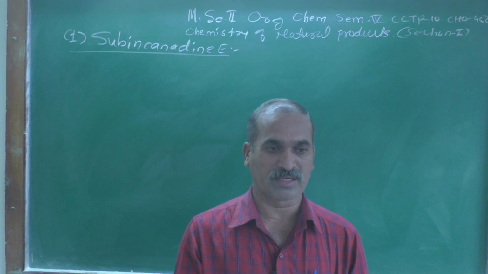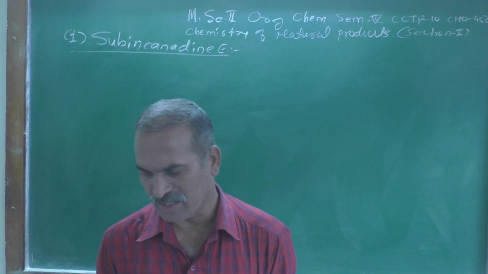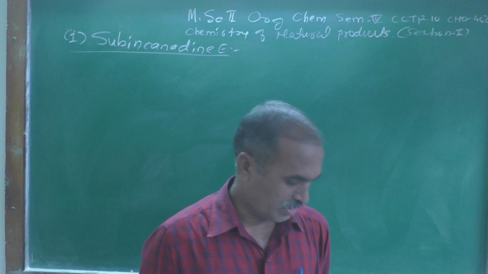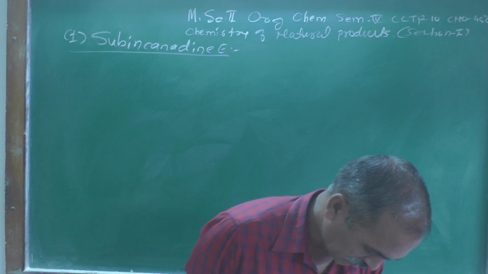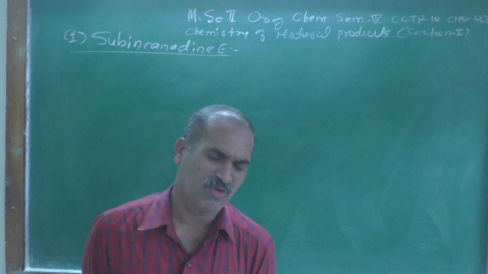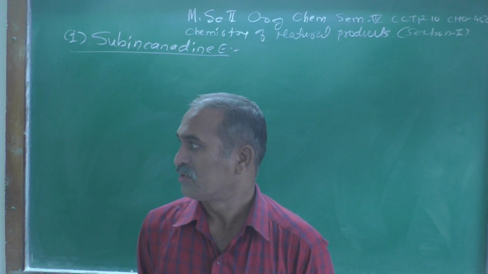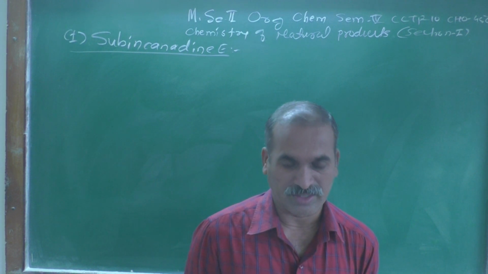Just by rotating a carbon-carbon single bond, we get different isomers, like eclipse conformation, staggered conformation, partial eclipse conformation, and fully eclipse conformation. You already know that type of conformation.